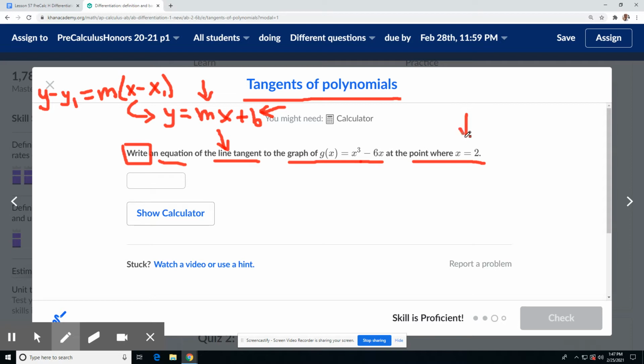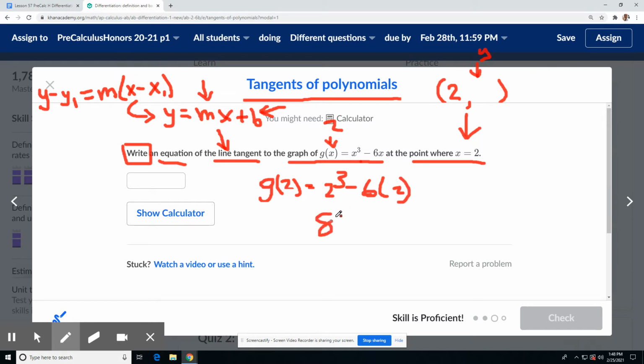They want it at x equals 2. So we need the y. So we have x equals 2, but what's our y value? Okay, so this is our y value that goes with 2. So we just go ahead and plug 2 in here first. So I'm going to get g of 2 is equal to 2 cubed minus 6 times 2. 8 minus 12 equals negative 4.